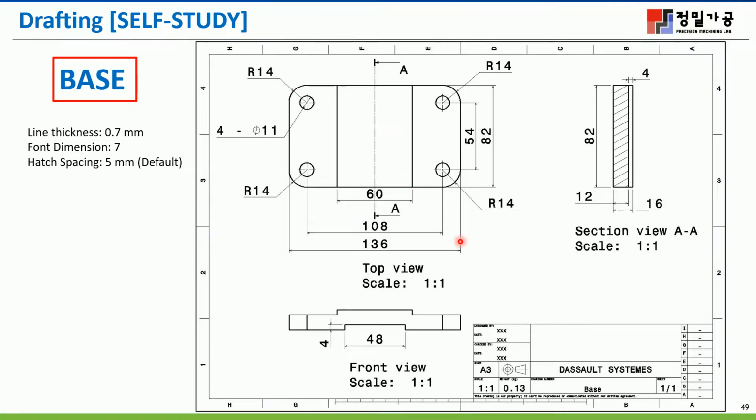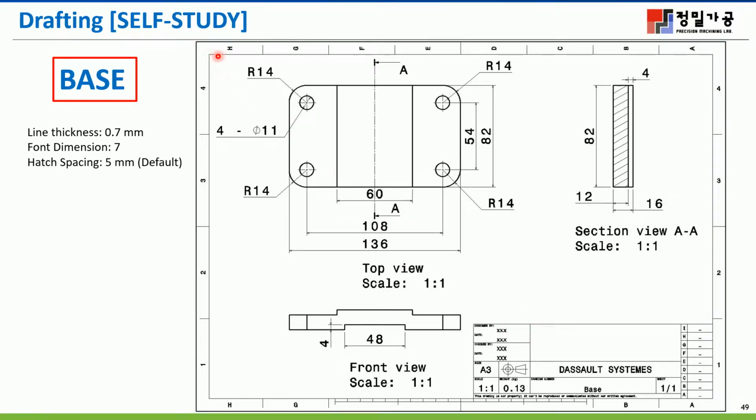You have to create a drafting for your design, and this base has dimension this length 136, something like this, and it has radius something like this 14, length 82. This dimension is generated basically based on your design in 3D model. So this dimension follows your 3D models basically.